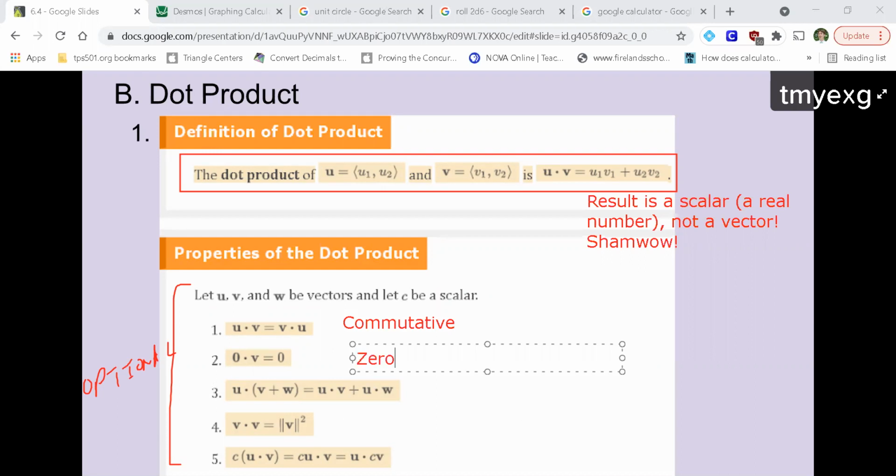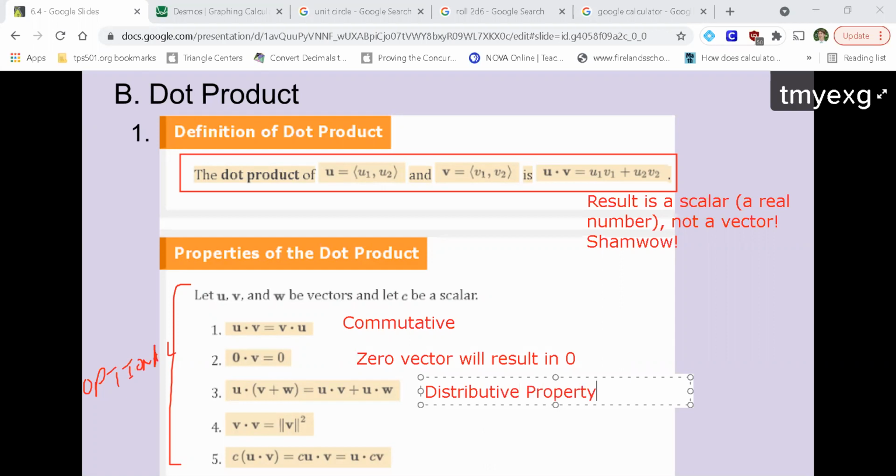The zero vector will take your scalar to 0. You can distribute it through a parentheses. This one is okay, actually. If you were going to write down any of them, this last one is pretty important.